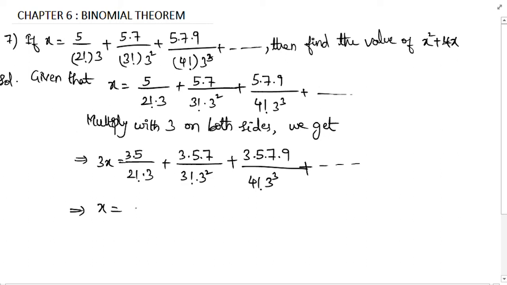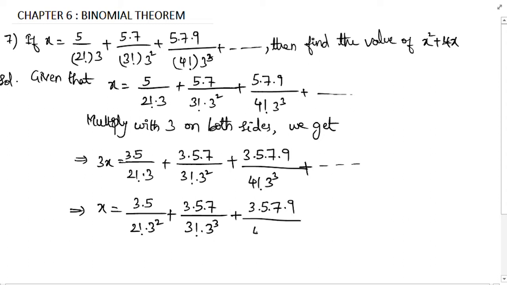Then what do we get? x is equal to 3 into 5 divided by 2 factorial into 3 square plus 3 into 5 into 7 divided by 3 factorial into 3 cube plus 3 into 5 into 7 into 9 divided by 4 factorial into 3 power 4 plus so on.